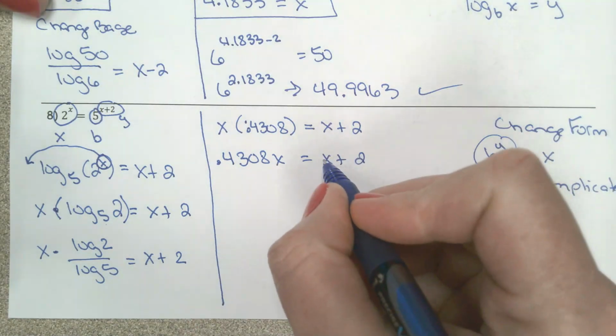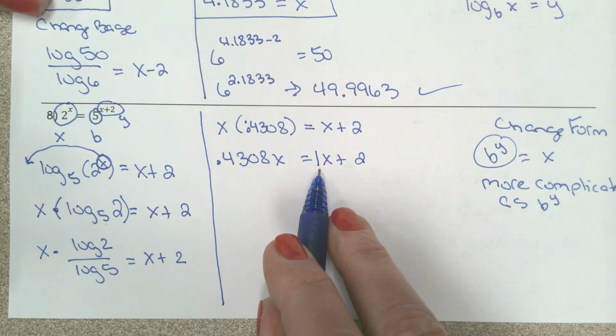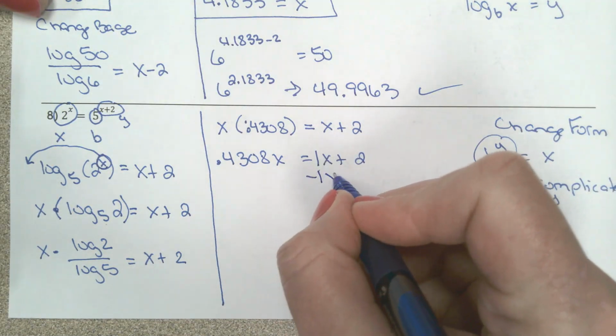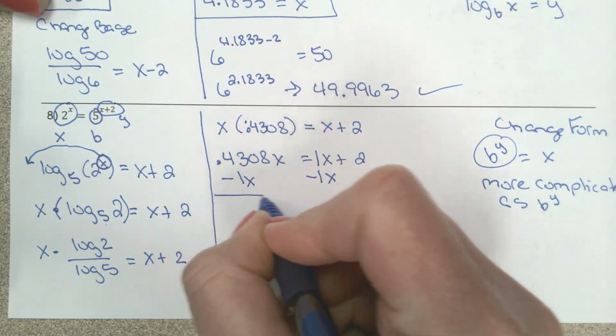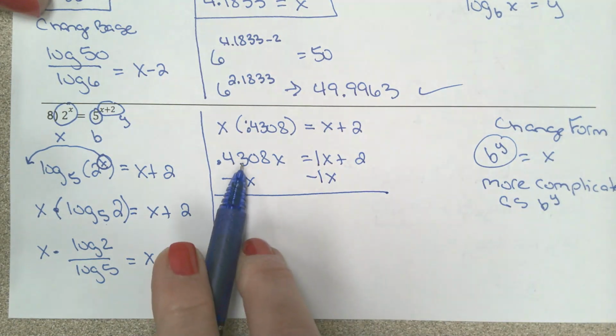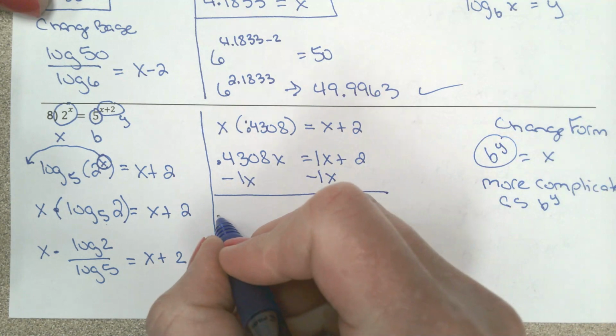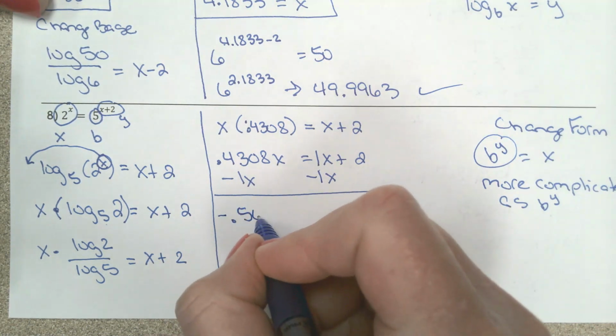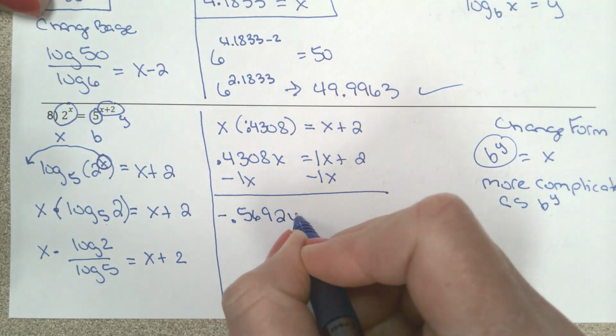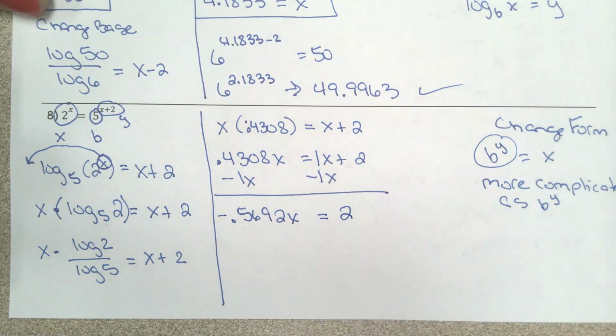So I have to solve for x. You need to know that there's an implied 1 there, so I'm going to subtract 1x from both sides. 0.4308 minus 1 is negative 0.5692x equals 2.